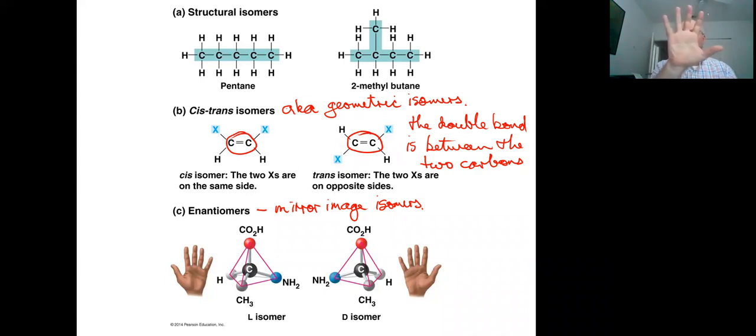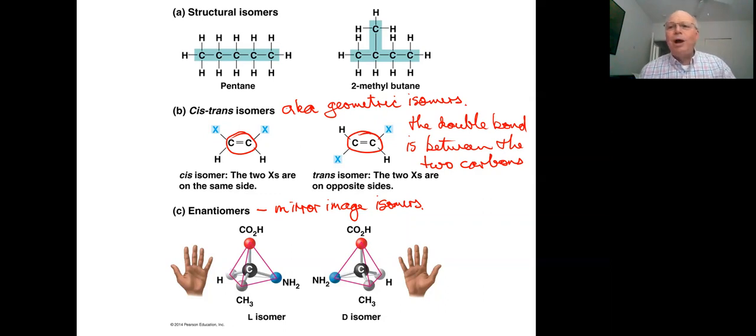If you hold your right hand up to a mirror, as I'm holding this up to the camera on my computer, when I look at that image, it actually looks like my left hand. If I hold my left hand up away from the camera so that I'm looking at it away from the camera, it looks exactly like the image of my right hand in the camera because they're mirror images of each other. And that's the nature of these isomers.